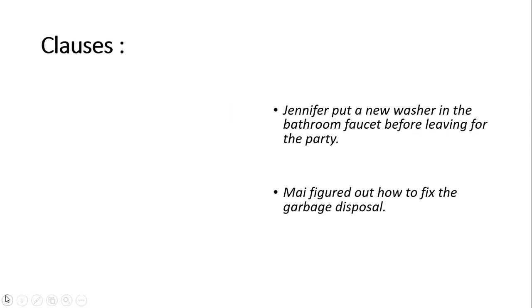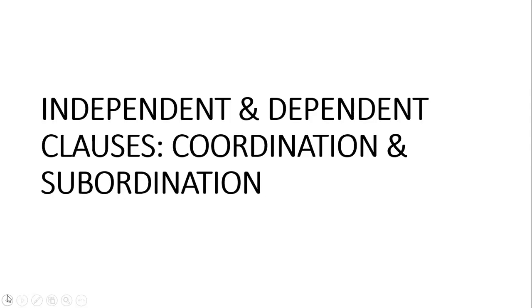Now the clauses. You understood what is a sentence, didn't you? A sentence is nothing but something which has a complete meaningful thought in it. And a fragment is something that's usually a dependent clause. I can say that dependent clauses are fragments, actually.